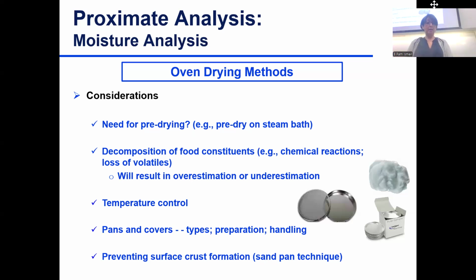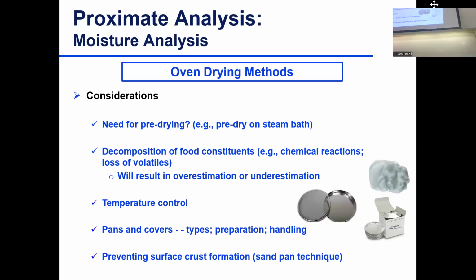Other times, at high temperature, we get decomposition of food constituents. Can you give me an example of a chemical reaction which is a degradation reaction? Emma, you tell me your favorite. So the Maillard reaction is actually a condensation reaction.